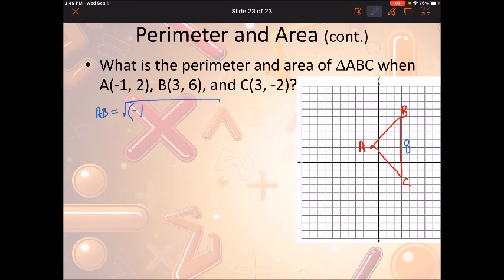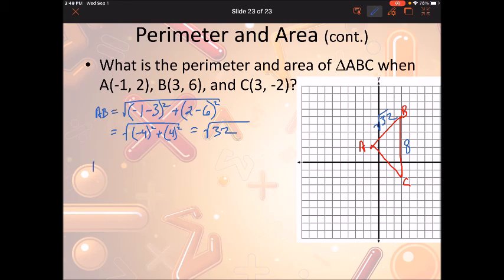I went from a -1 up to a 3. And then add my change in y's. I went from 2 to 6. So that gives me the square root of -4 squared plus 4 squared. So that gives me the square root of 32.